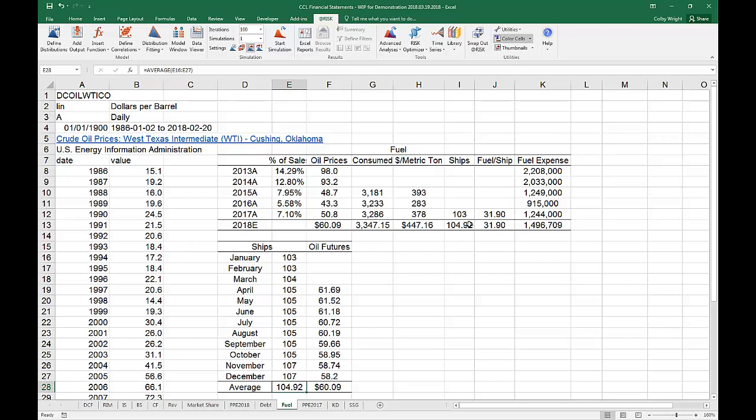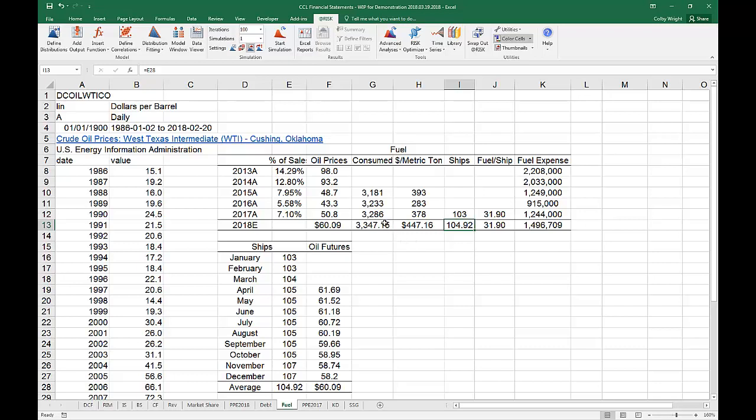Okay, based on 104.92 ships out on the ocean, we estimate that the consumption was going to be this right here. So I can't remember the scale on that, but 3,347 tons, if I remember right, of fuel. So anyways, we were using all of these estimates.